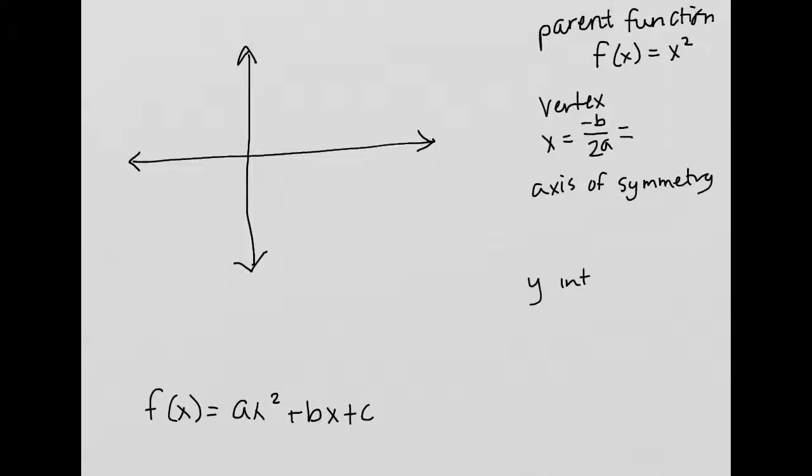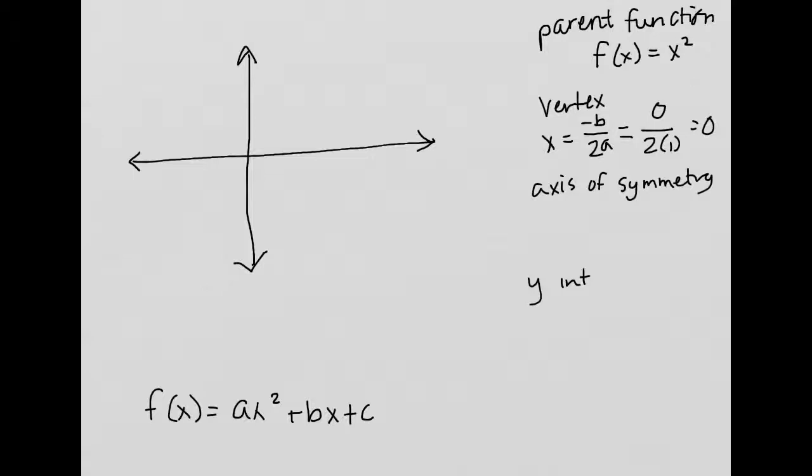And so what is b here? B here is actually 0. I was looking at the wrong coefficient here. B here is actually 0, and a is 1. Okay, so the x-coordinate of my vertex is 0.